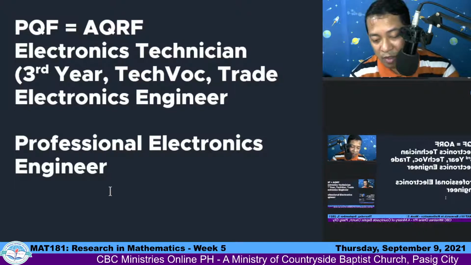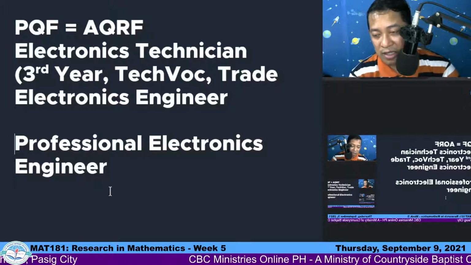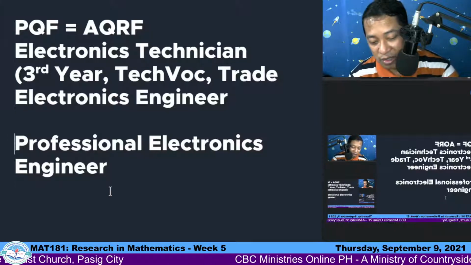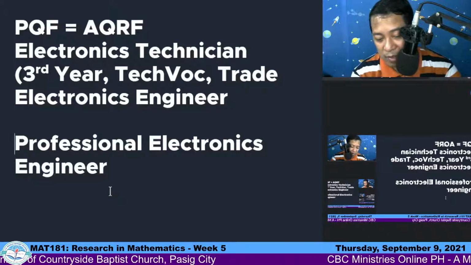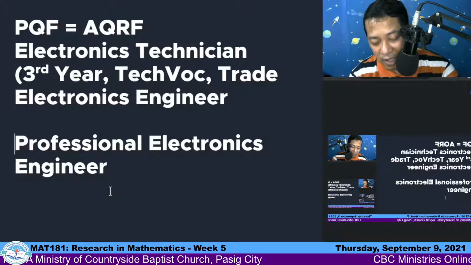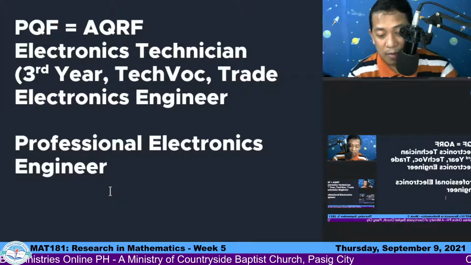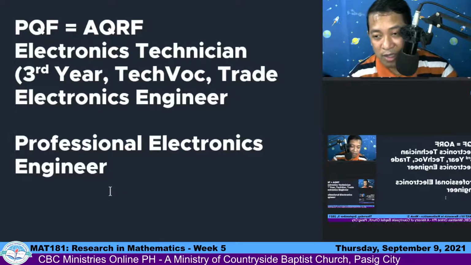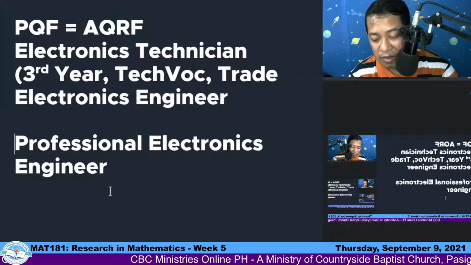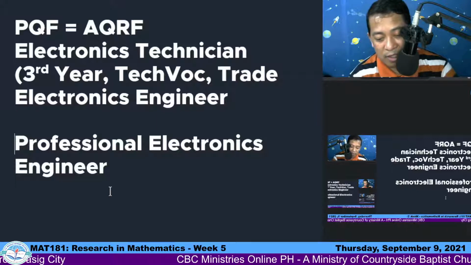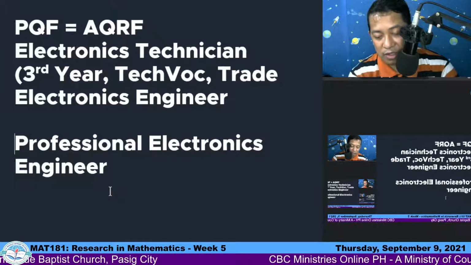As of the moment, there are no written tests for this, but these are primarily submissions of documents indicating your practice of profession. And then the Board of Electronics Engineers will assess whether you will be upgraded to professional level. Okay? So of course, all of these are based on research.